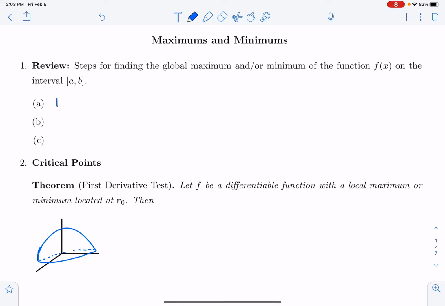That first step was to find all critical points. Now, critical points, if you recall, those are points where the derivative is equal to 0 or the derivative does not exist.